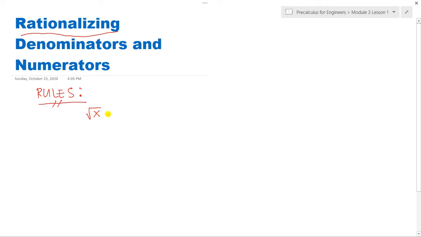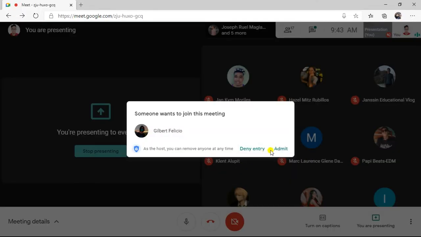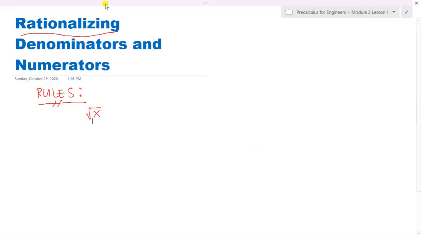Anong gagawin natin para ma-eliminate yung radical symbol na ito? Actually, yung gagamitin natin na technique is that you are going to find a certain factor of our radicand, di ba? Yung radicand natin is x.